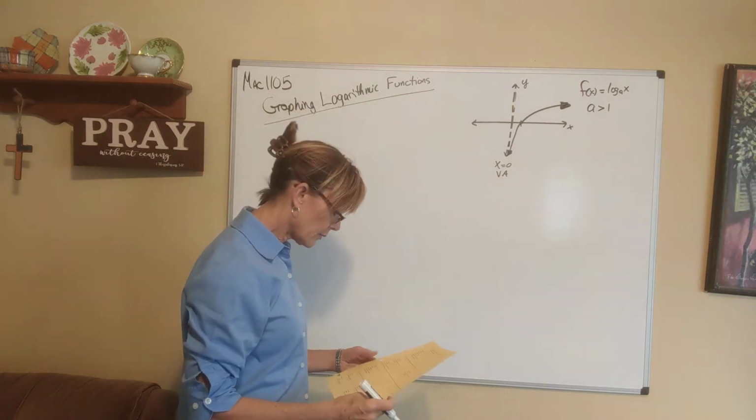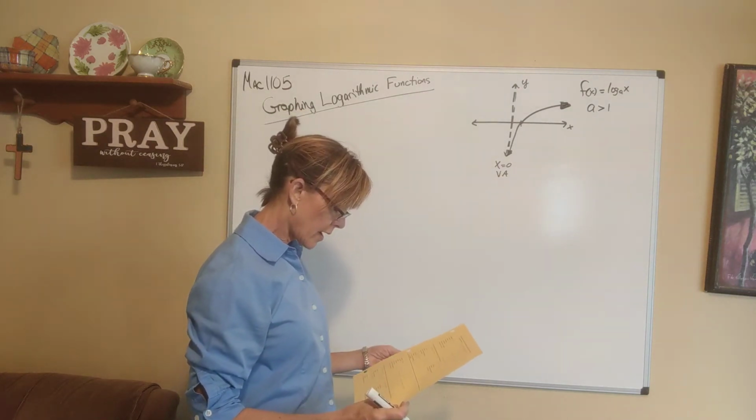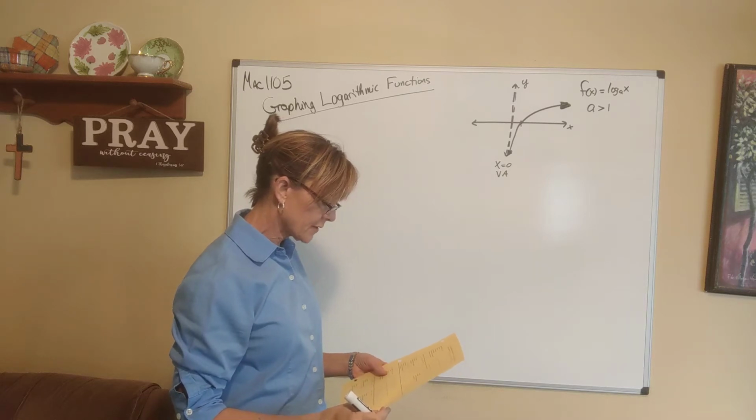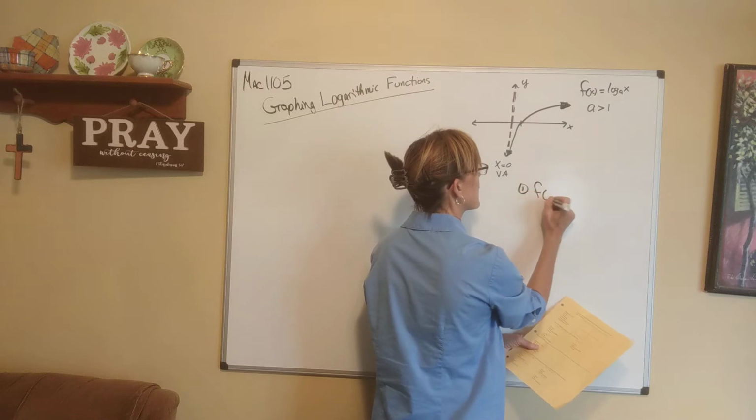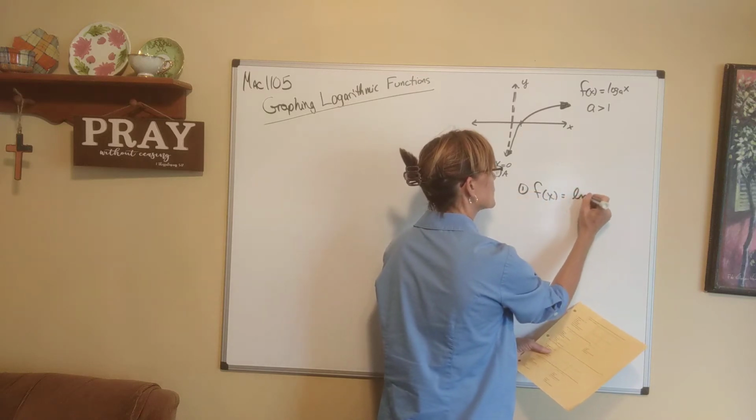So on the sheet that we have, they ask us to graph a few different graphs. The first one, number 1, is to graph f of x is the natural log of x.